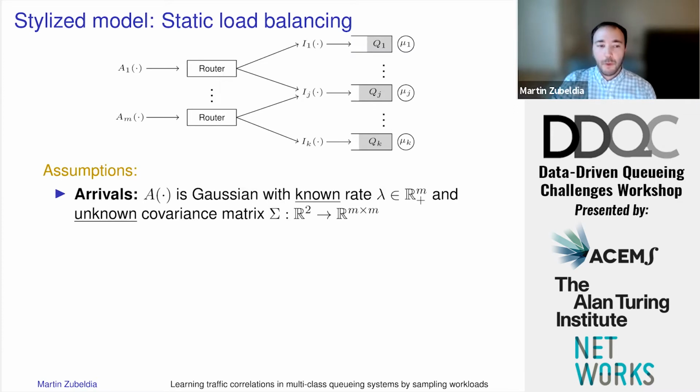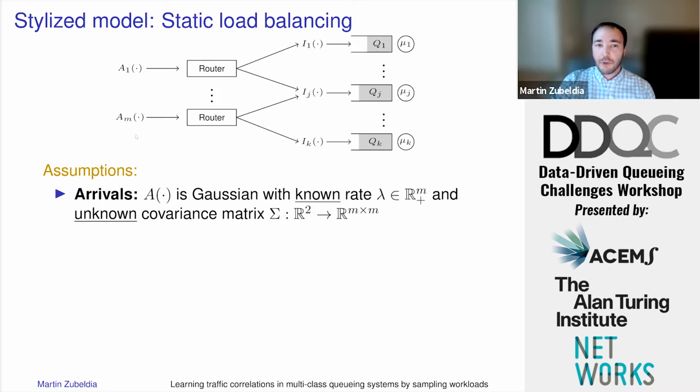Because the traffic is highly aggregated, one of the assumptions that we make is that the arriving work, the process A, is an m-dimensional Gaussian process with some known rate lambda, which is a positive vector in R^m, and an unknown covariance.